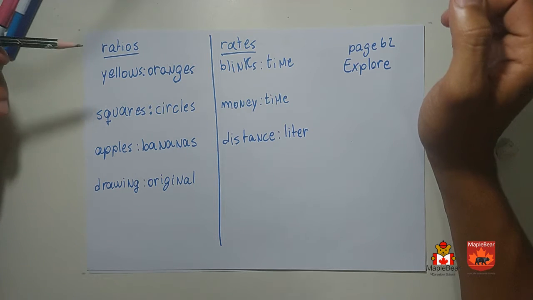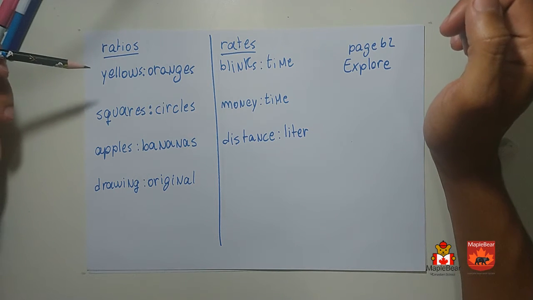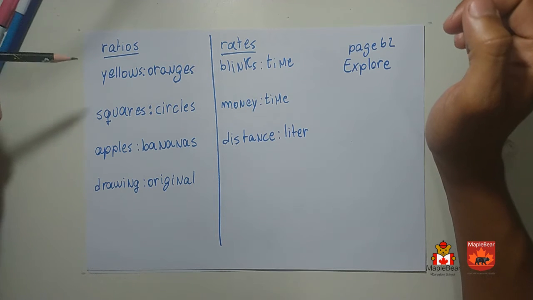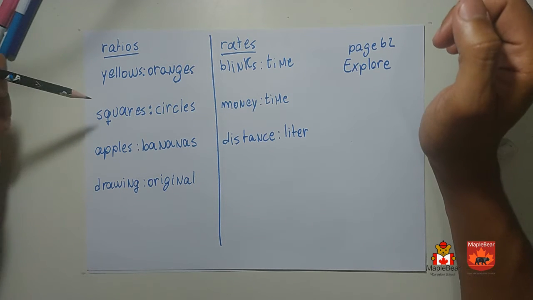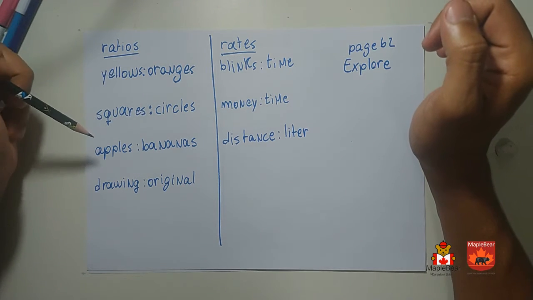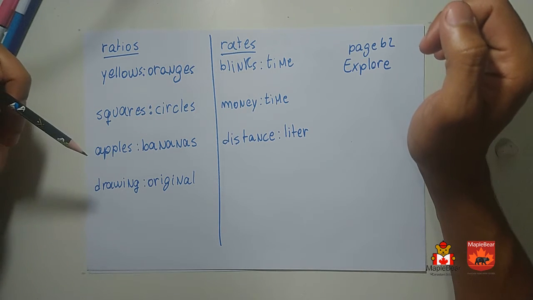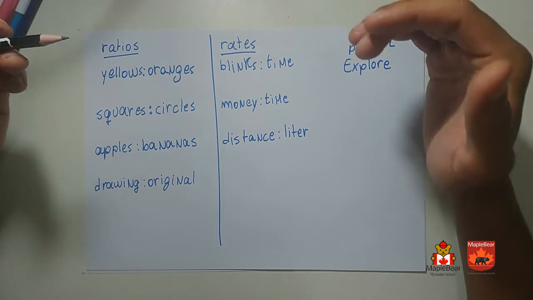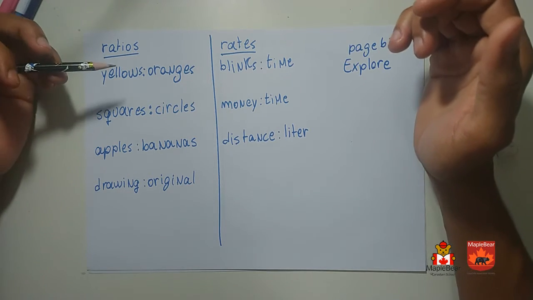So, I think that was in the first lesson that you talk about the ratios between yellows and orange tiles. We did show a ratio between squares and circles, the ratio between apples and bananas, the ratio between drawing and original, and I want you guys to realize what all of them have in common, okay?